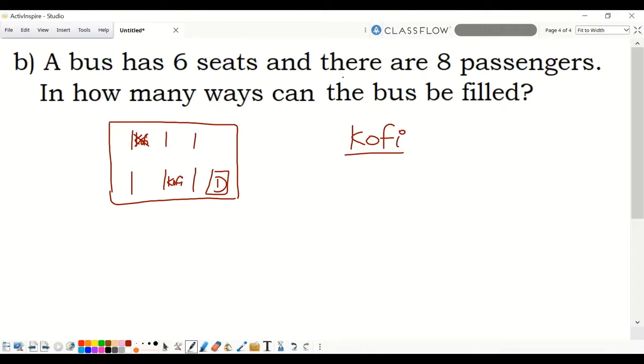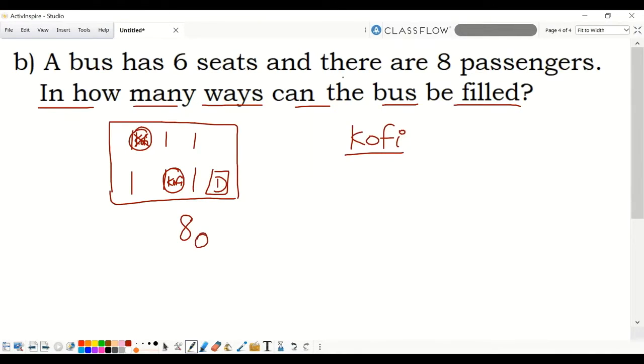See, they're saying in how many ways can the bus be filled? So, if Kofi is sitting here and Kofi is sitting here, is that a different way or same way? It is a different way, right? So, that means the order in which they sit is important. And whenever order is important, we say there are 8 candidates.